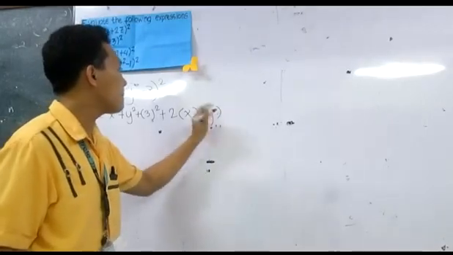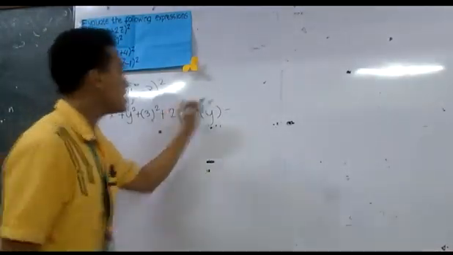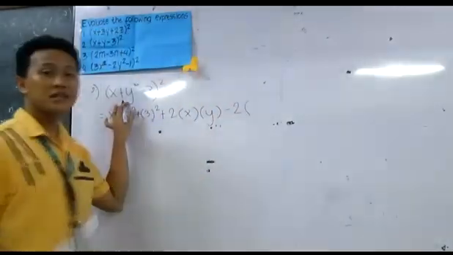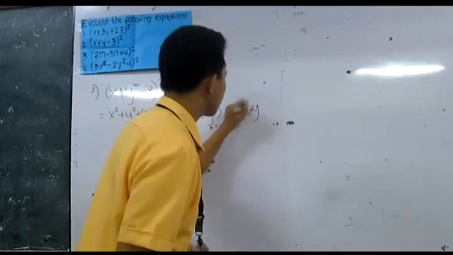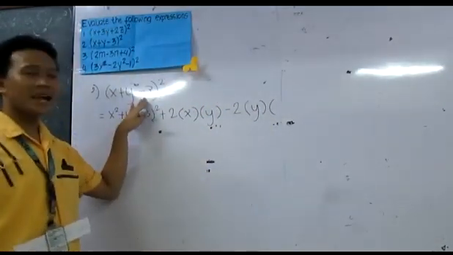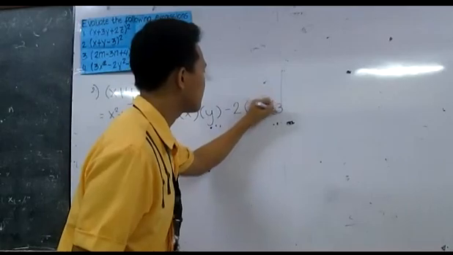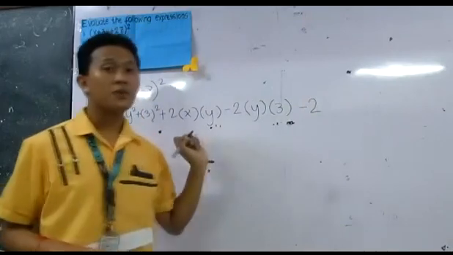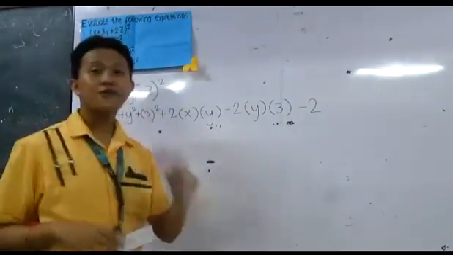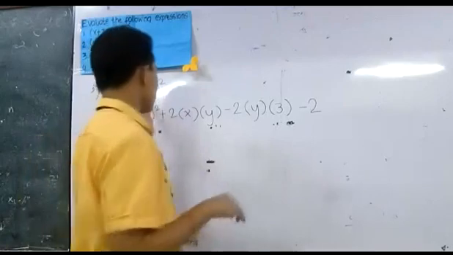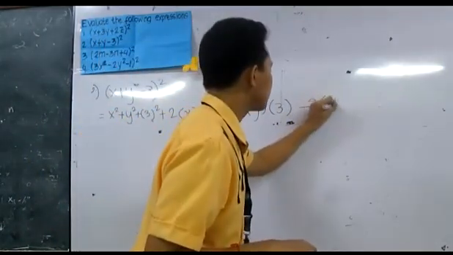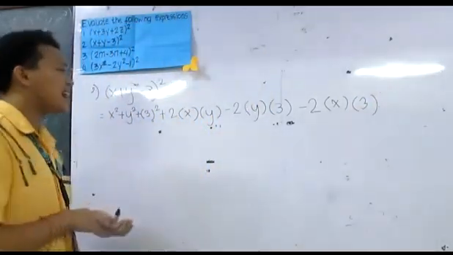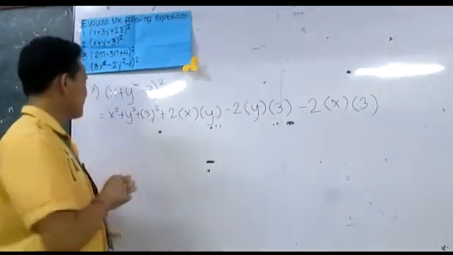So it is minus twice the product of the middle term, which is y, multiplied to the last term, minus twice the product of the first term, which is x, and the last term, which is 3. Let us simplify the given expression.